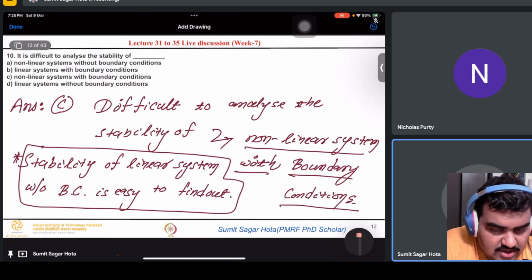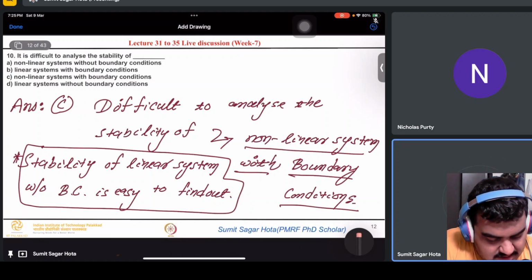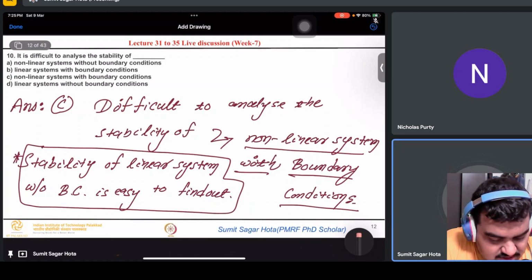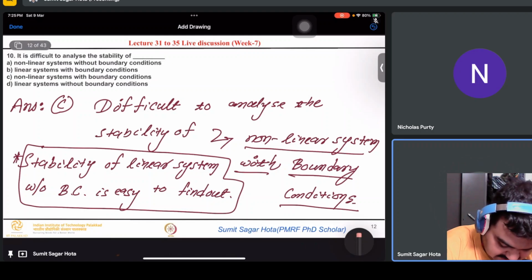But for a non-linear system, even with boundary condition it is difficult to find out the stability, and without boundary condition of a non-linear system, it's impossible to find out the stability.